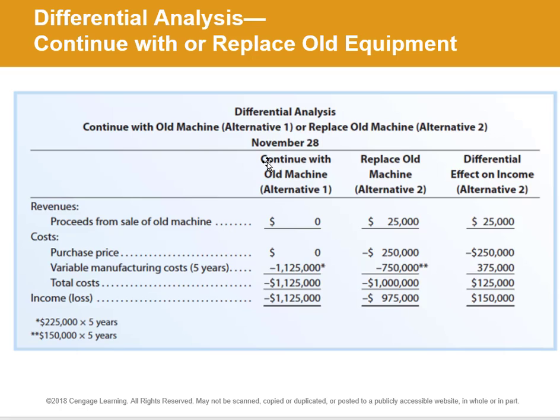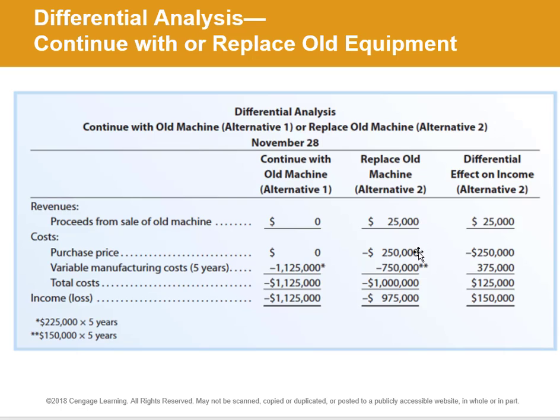Here's the old machine. The variable manufacturing costs are $225,000 a year for 5 years, or $1,125,000. Okay, so if we keep the old machine, that's what it's going to cost us. Now let's say we buy the new one. First of all, we sell the old machine, so $25,000 is coming in.